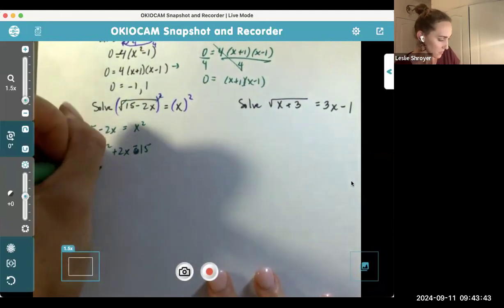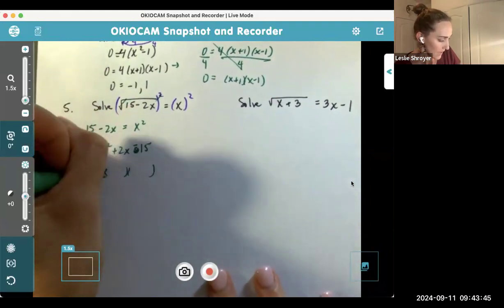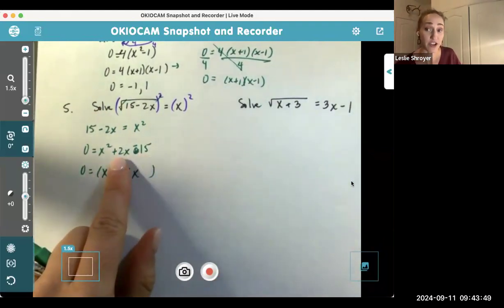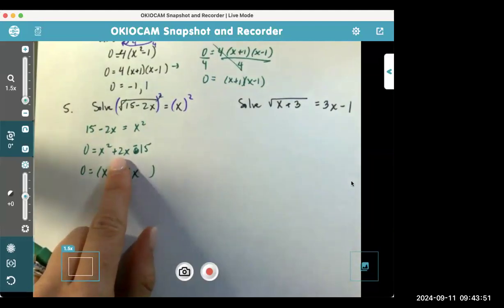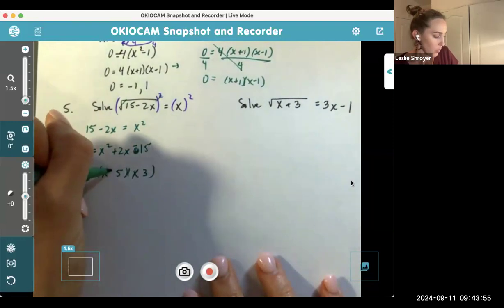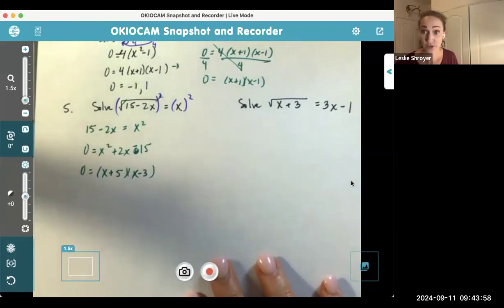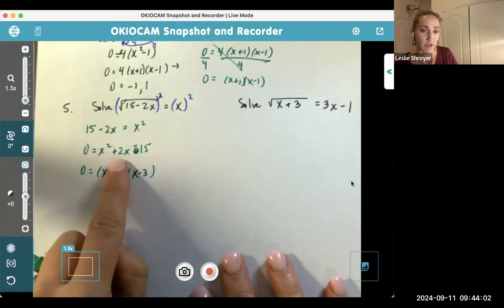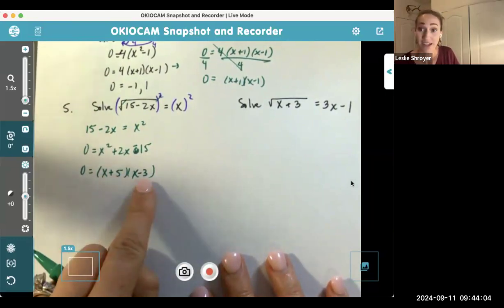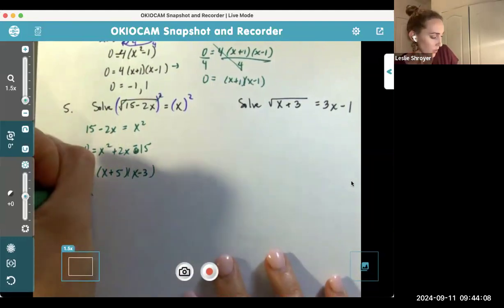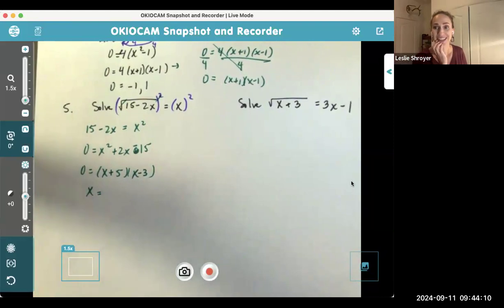Now we just need to factor: x and x. What two numbers multiply to 15 but add to 2? 5 and 3. Perfect. But we want plus 5 and minus 3, so that I have plus 5 minus 3 to give us the positive 2, and plus 5 times -3 to give us -15. So x equals what two numbers?